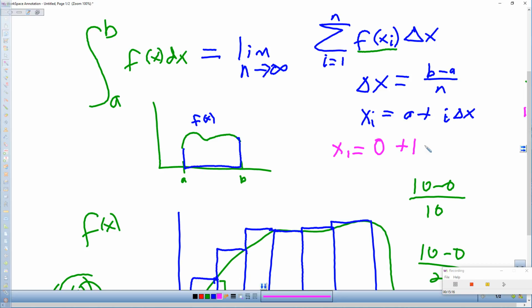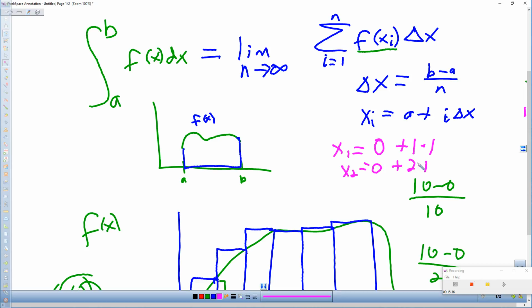Because we're looking for x1, times, what's the width of it? 1. So the first one is going to be at 1, because 0 plus 1 times 1. If we wanted x2, we start at 0 plus 2 this time, times 1. And we would get 2.